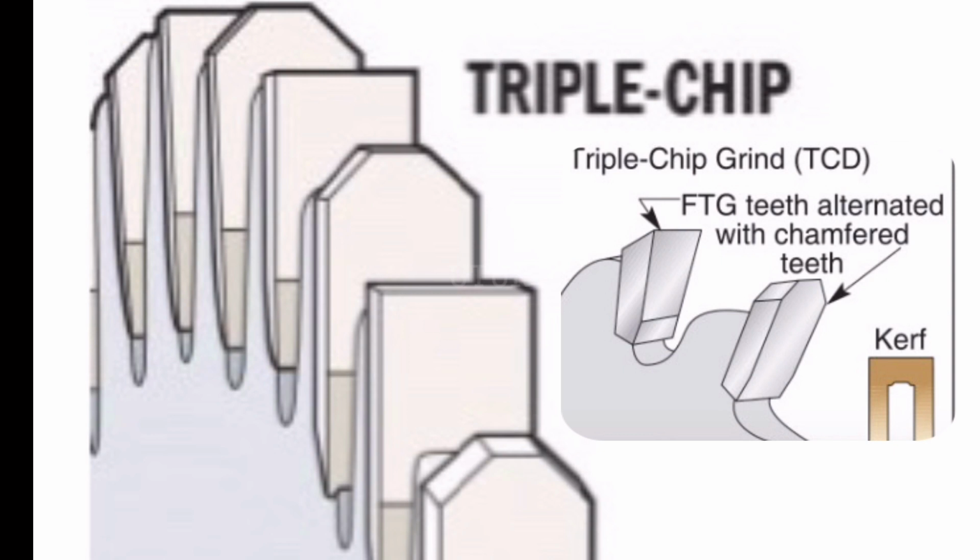Melamine can be used as the litmus test or acid test in determining good quality cuts from your TCG. Suffice to say, if you get good quality cuts from your plasticized melamine, then there is a high propensity or likelihood that you will get good quality cuts of your veneered plywood using your TCG tooth geometry.